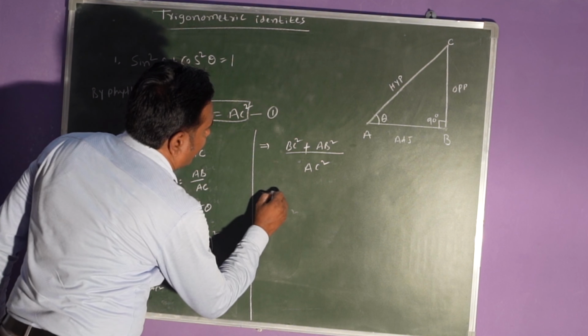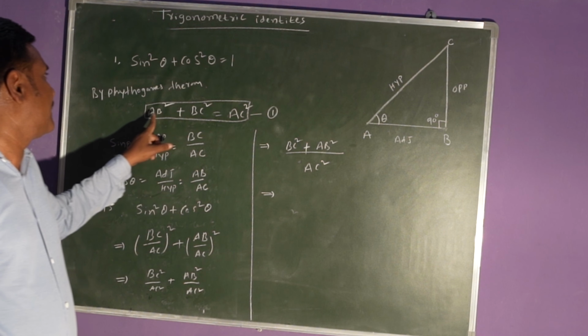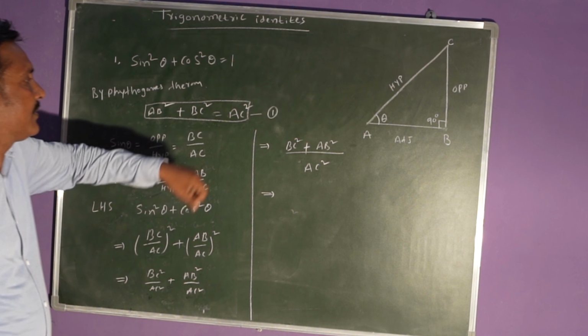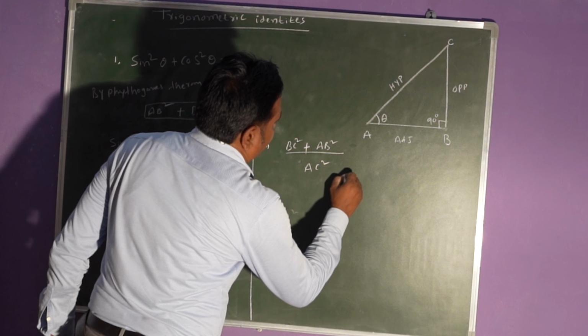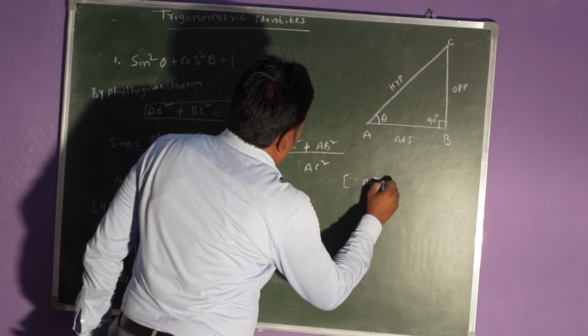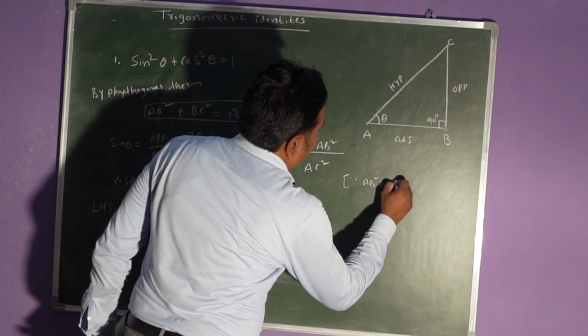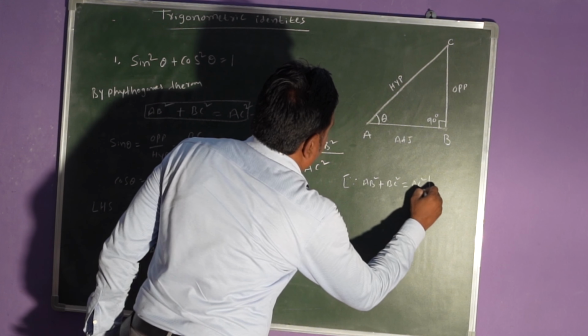Then this implies BC square plus AB square is equal to AC square. Okay? Here, since we have already written it, AB square plus BC square is equal to AC square.